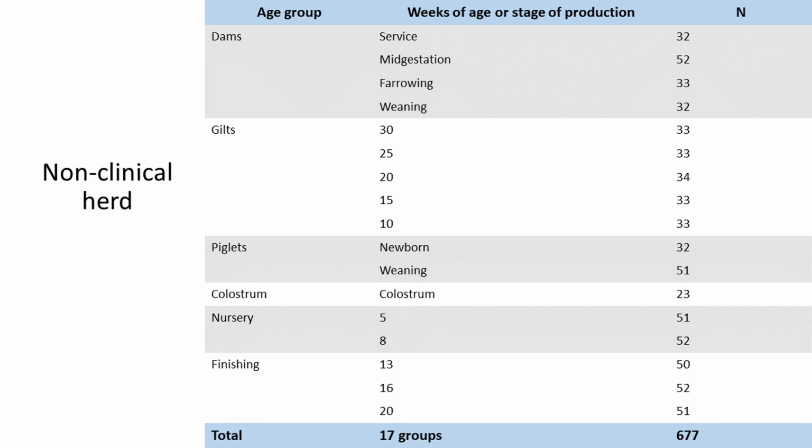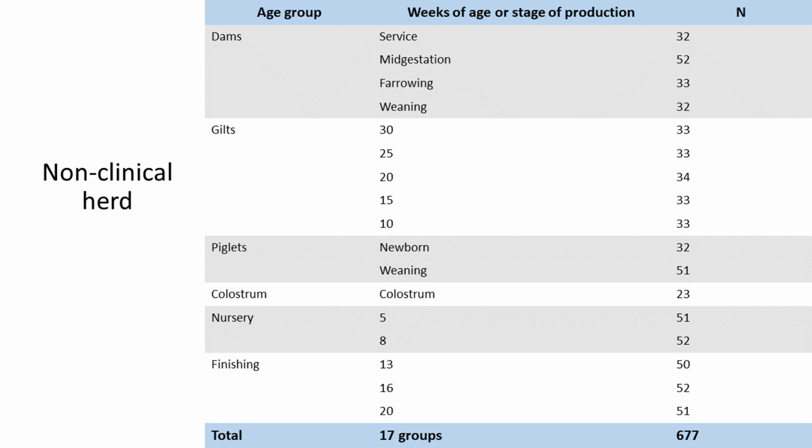And then again, we went into this non-clinical herd. As you can see, our sample size is a little lower, just due to the traveling in between and sample size prior to this. We try to replicate as best as we can, but still ended up with a smaller sample size. We still targeted those similar sampling groups at similar ages, being those dams all in the same production stages, at service, at mid-gestation, at farrowing, and at weaning.